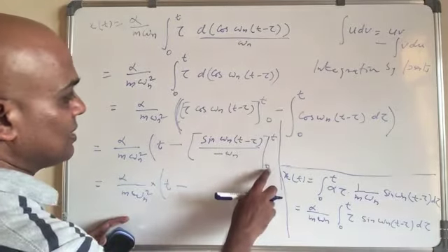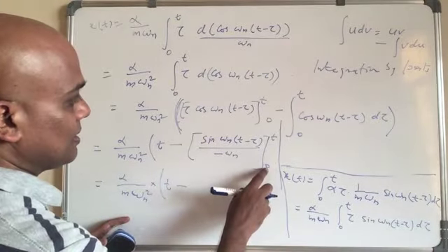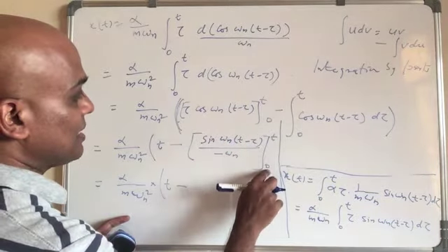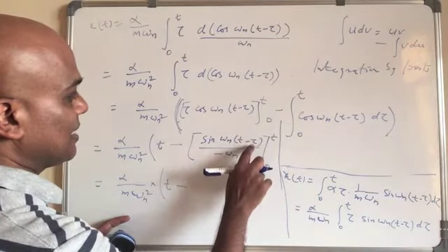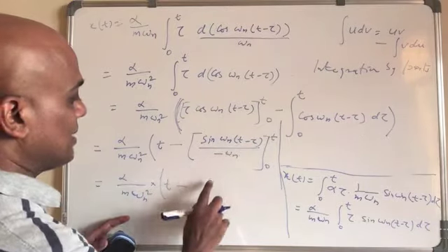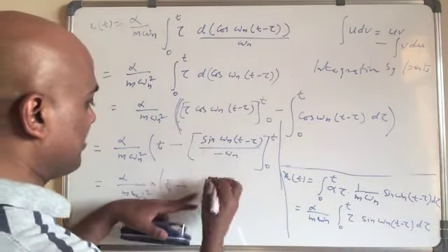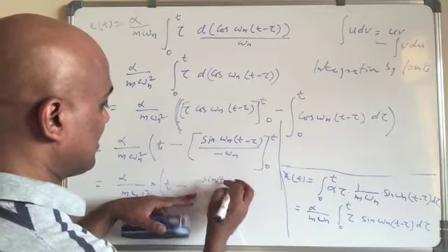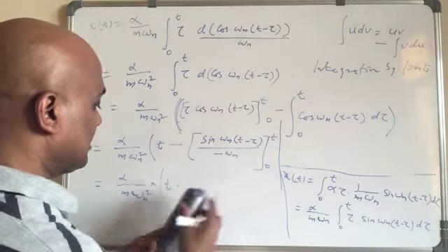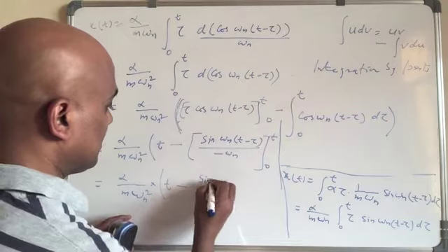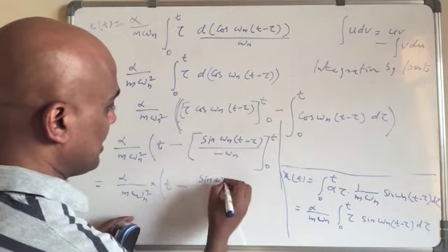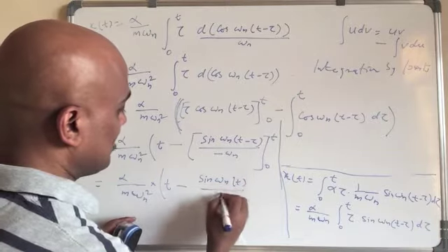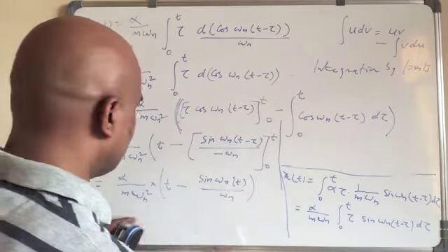Now you put it, so the first term t will give you 0, and for the second term we get sine omega n t divided by omega n, like that.